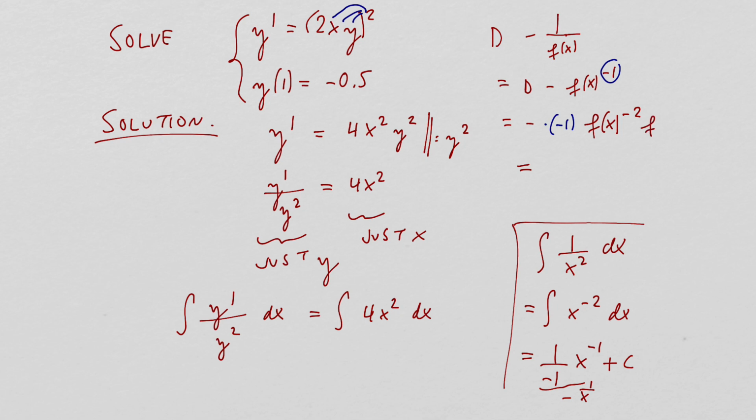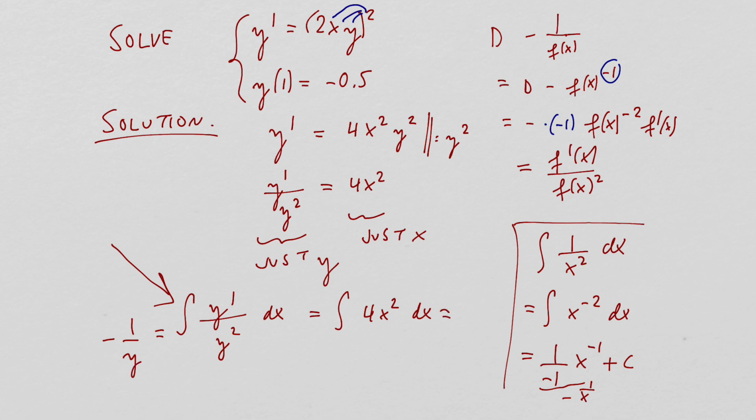And I almost forgot the inner derivative. The derivative of this is this. So the integral of this is this. So now for our equation, the integral on the left is equal to minus 1 over y.